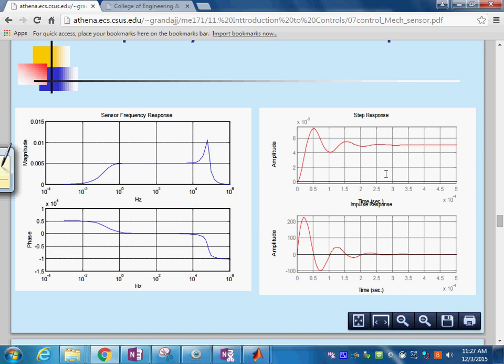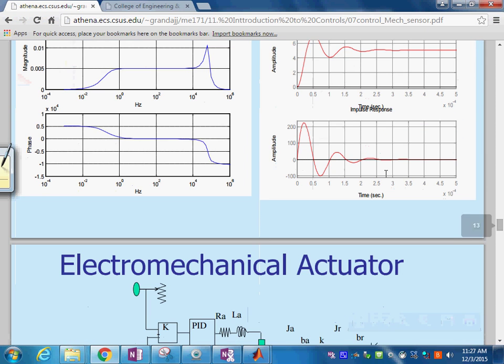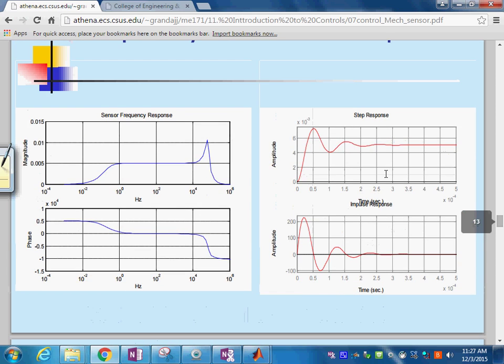So what we need to do is get the bond graph model on the screen, and then let's get on doing the obtaining of the transfer function.